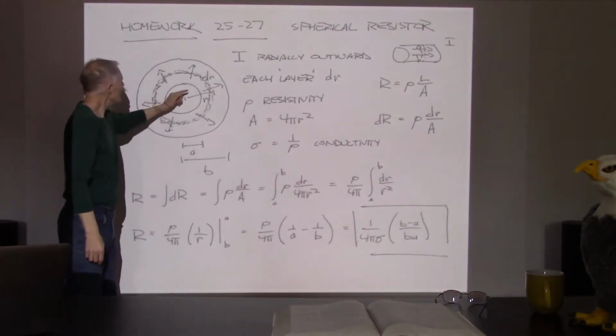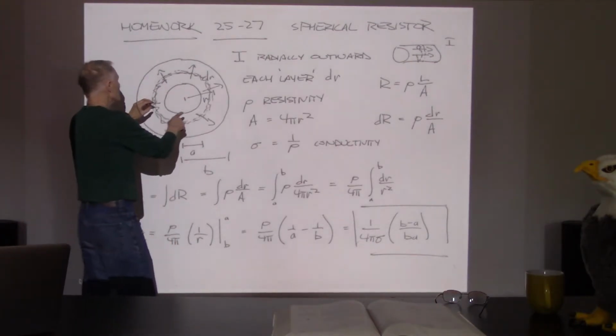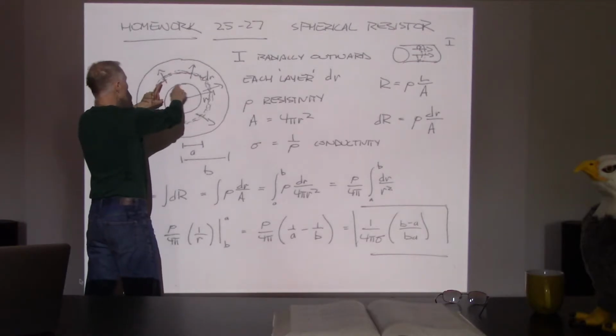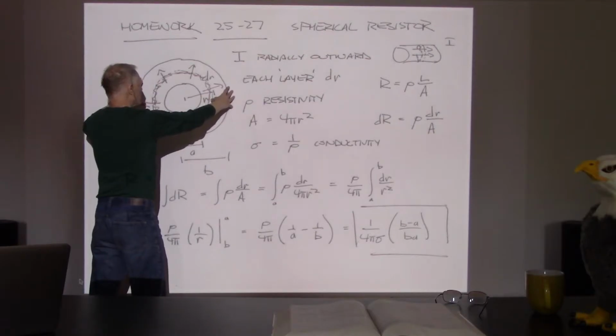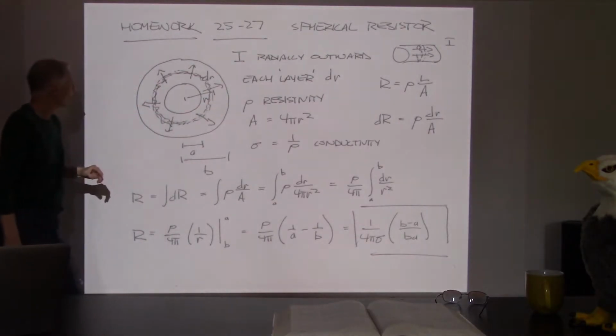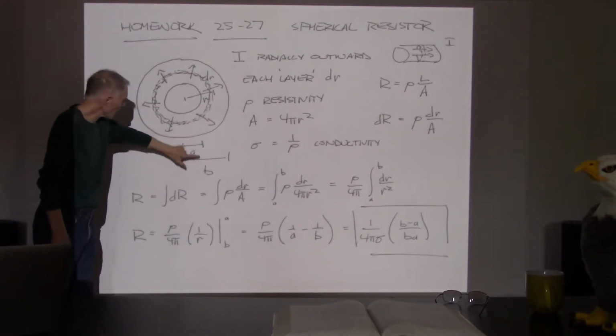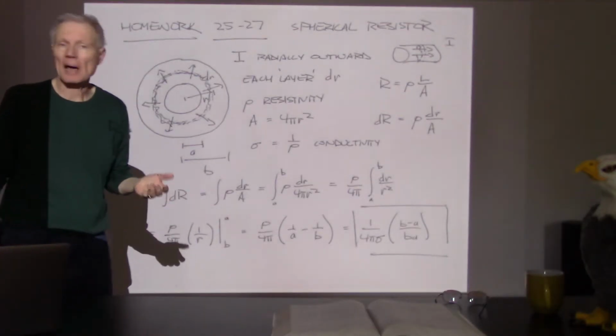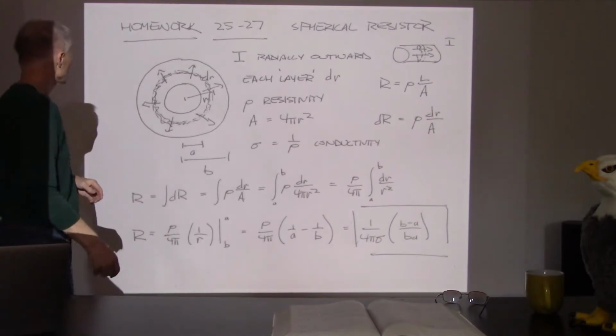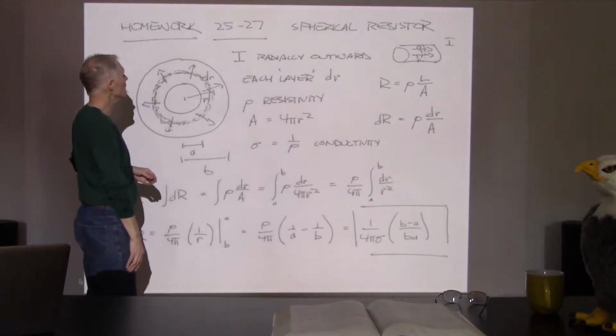Now, let's say that the current is traveling from the inside of this sphere, and then it makes its way outward to the outer surface. For that, we're going to need a couple of radii. We're going to say that the inner radius is A, the outer radius is B. Those are good symbols to be using.